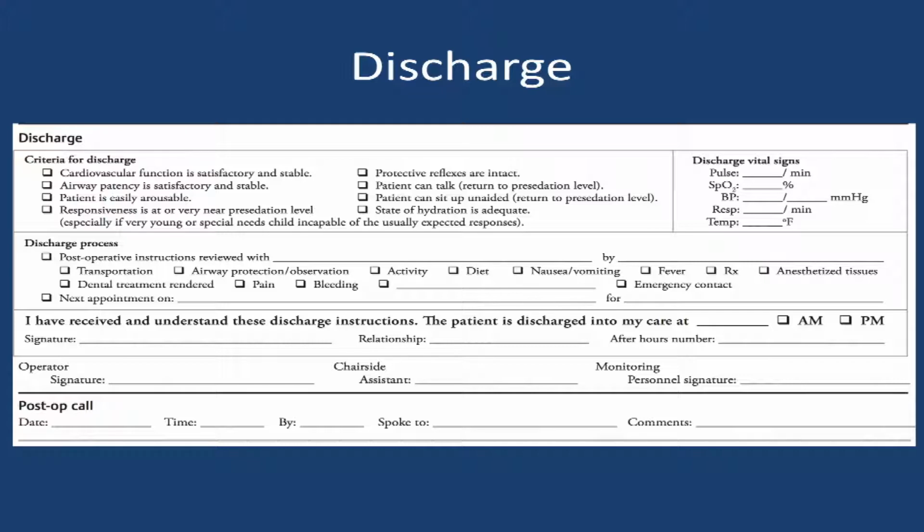Is there going to be pain? Is there going to be any bleeding or any other information that the parent needs to know, including emergency contact? The next appointment on a specific date for follow-up, and who was the one that took the information for.